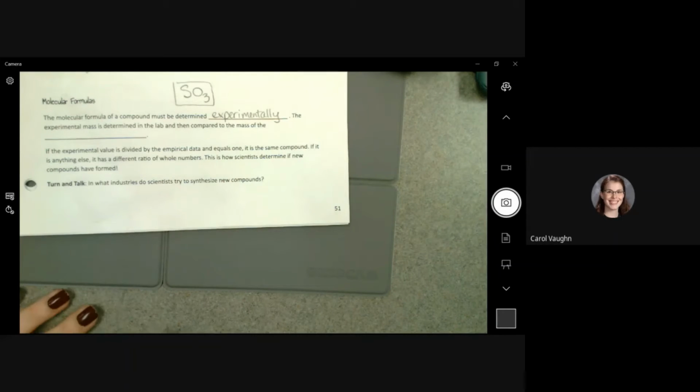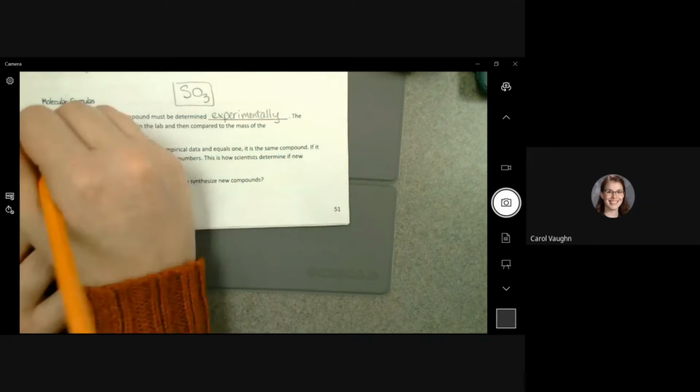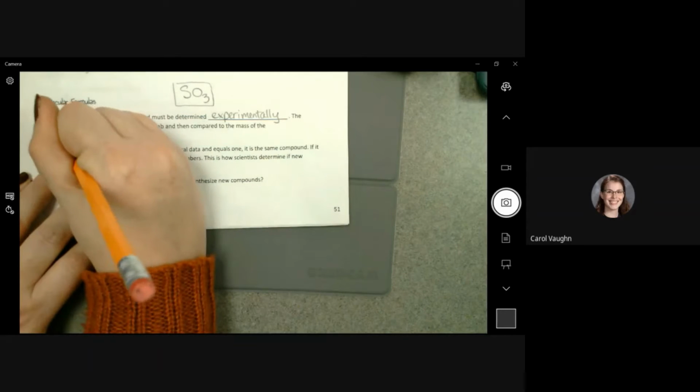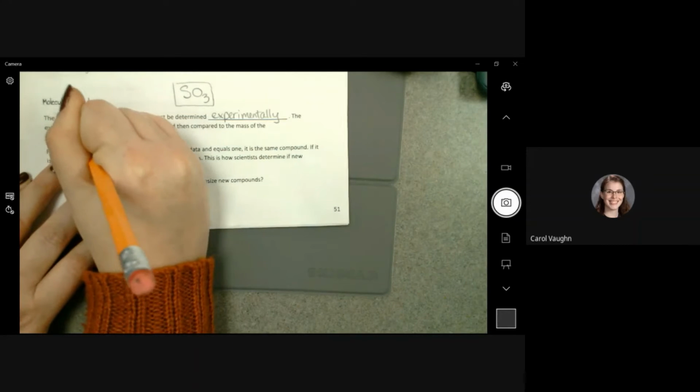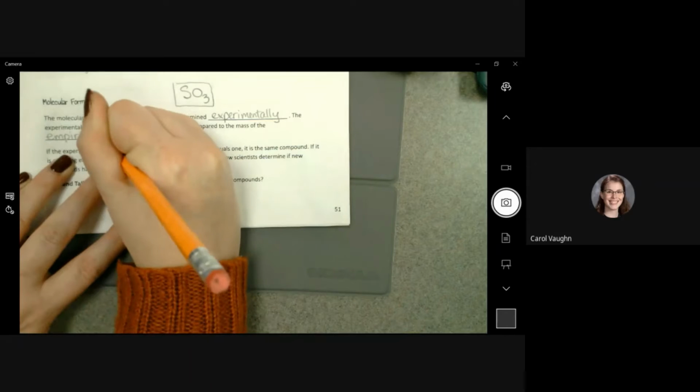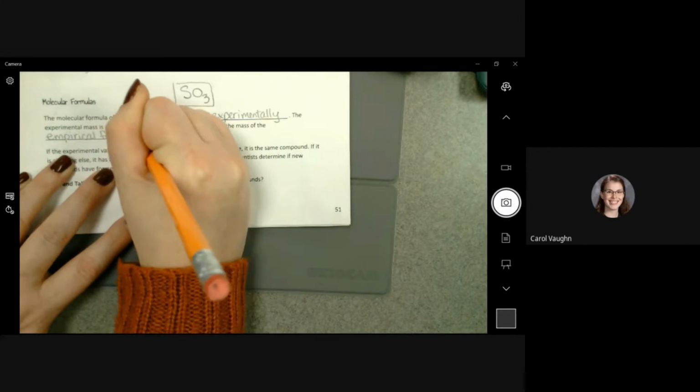We're going to take that experimental mass that we can measure and compare it to the mass of the empirical formula. Technically, what we're using are the molar masses.